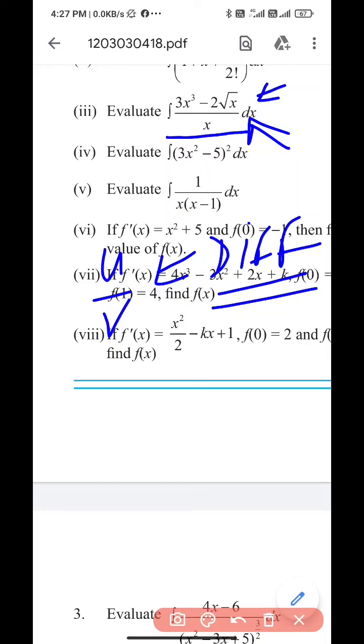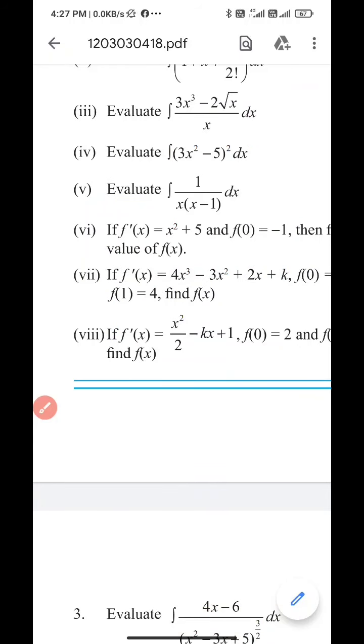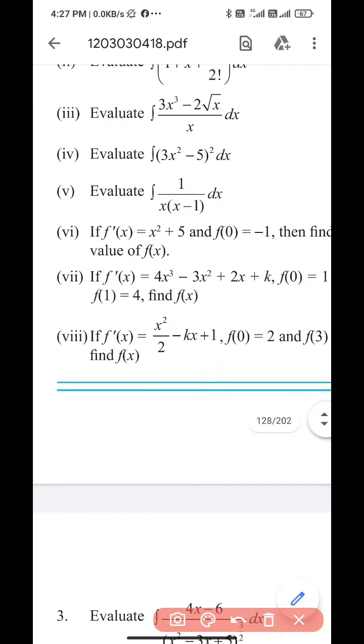There is no direct method for a rational function. A rational function is two functions in ratio, like 3x cube minus 2 root x is a function, then divided by x is a function, so it forms a ratio, like 1 by 2 is a ratio, 3 by 2 also is a ratio.